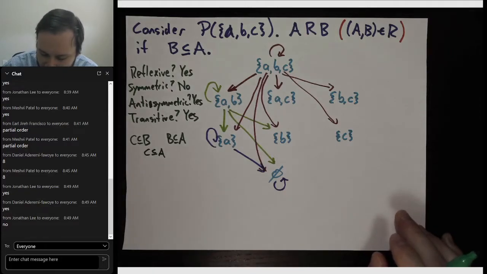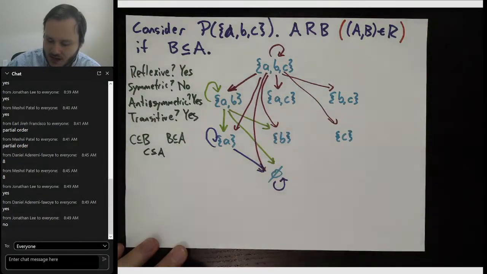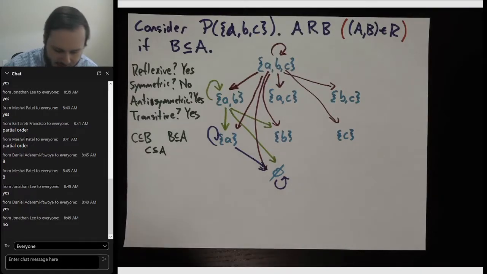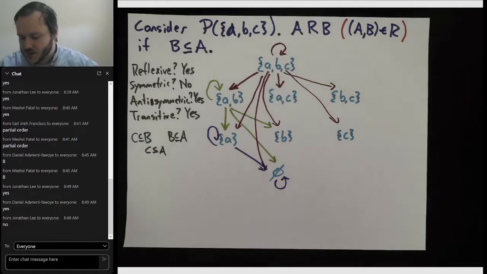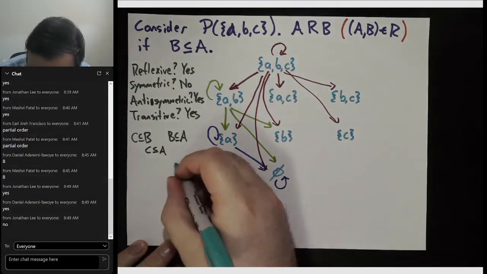And since we have a partial order, there's another way I can draw this diagram. So I've drawn this one all nice and large to make sure we could fit in as many arrows as I could. But I'm going to squeeze another diagram into this little space here.